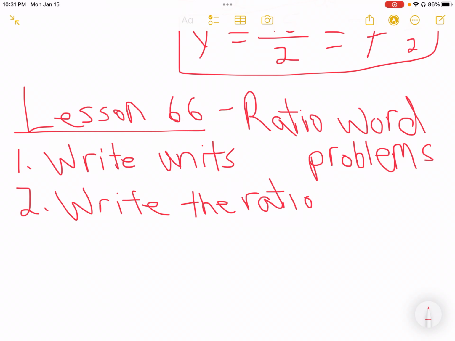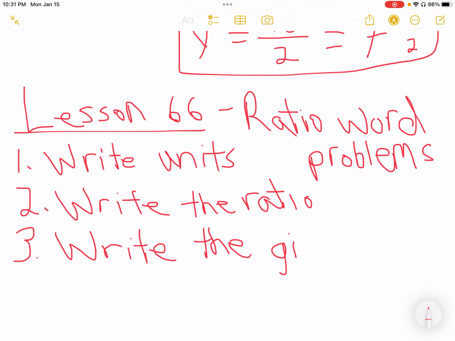Then I'm going to write the given amount, which could all be combined into one step probably. Okay, and then I'm going to find the missing multiplier.